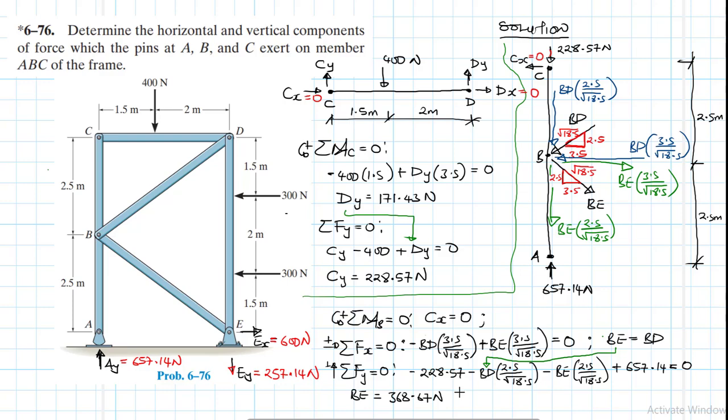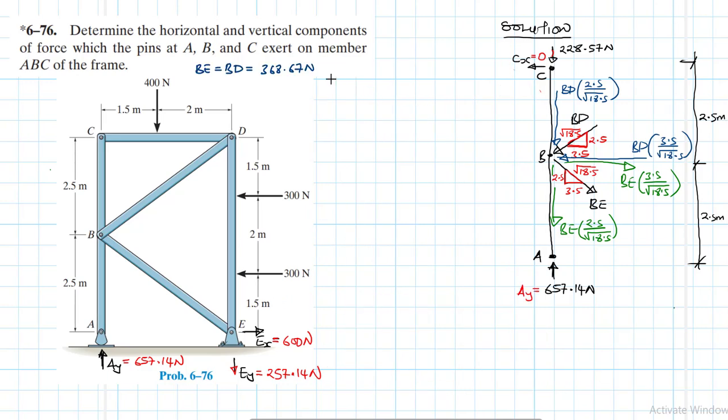This is the same one, right? So we found this. If we find this, it also means BD is going to be equal to 368.67 newtons. Let's calculate what By is.